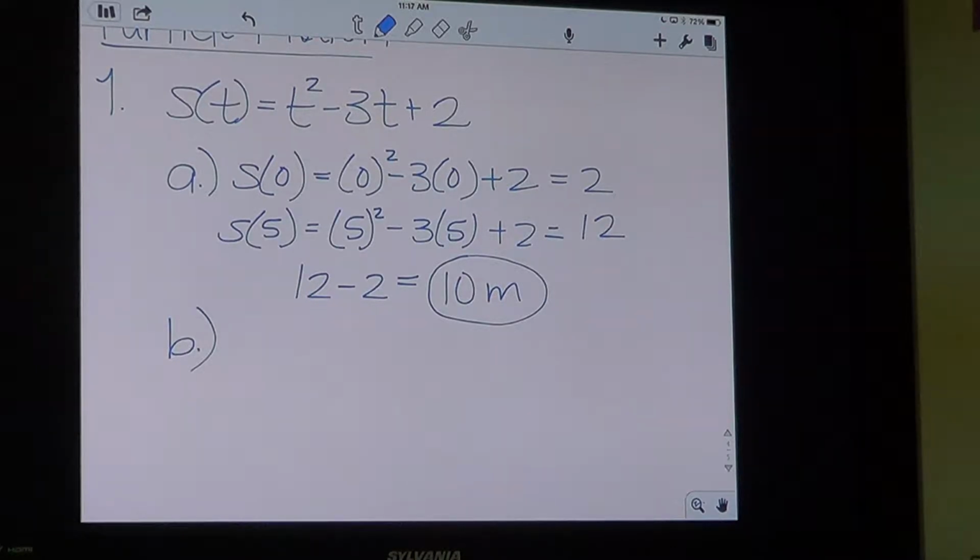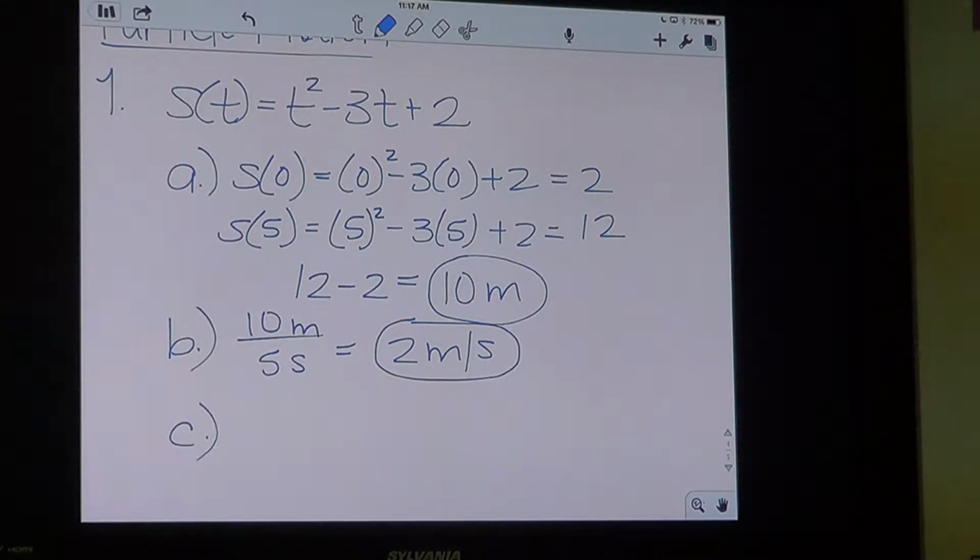Right, displacement over time, so 10 divided by 5. So the average velocity is 2 meters per second. So we don't need calculus to do either of those things.